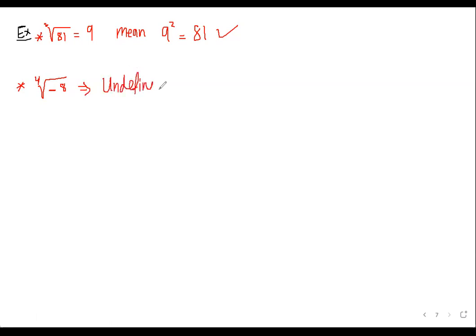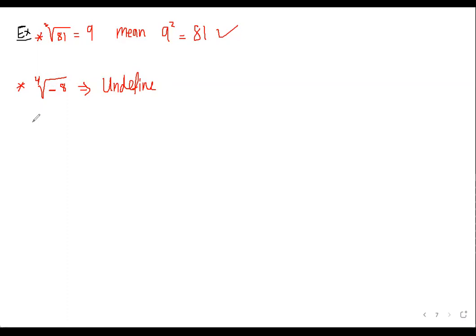Why? Because 4 is an even number and inside is a negative number. Like I said before, if n is even, the number inside must be positive.